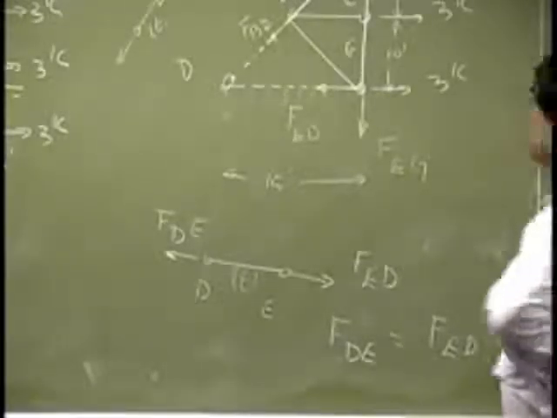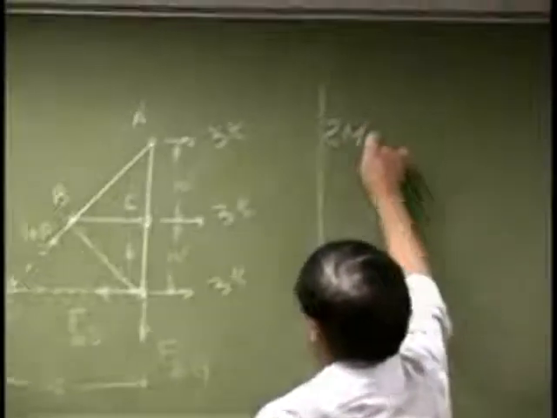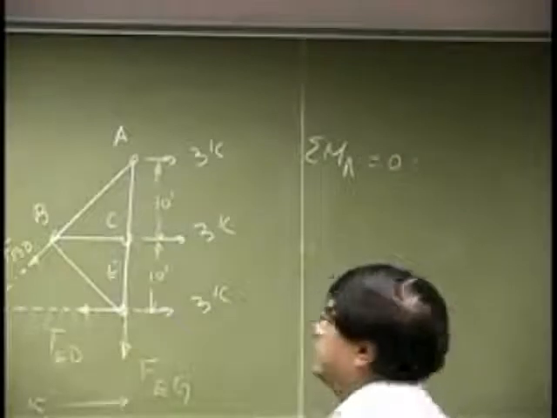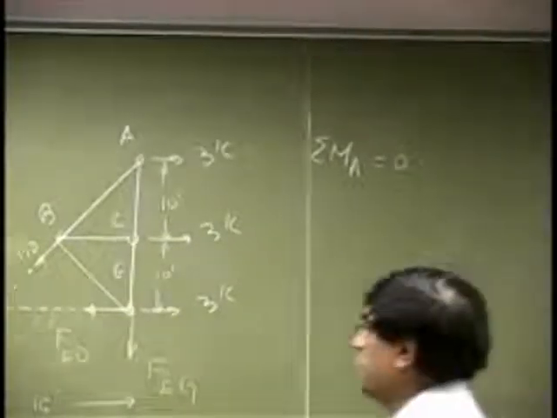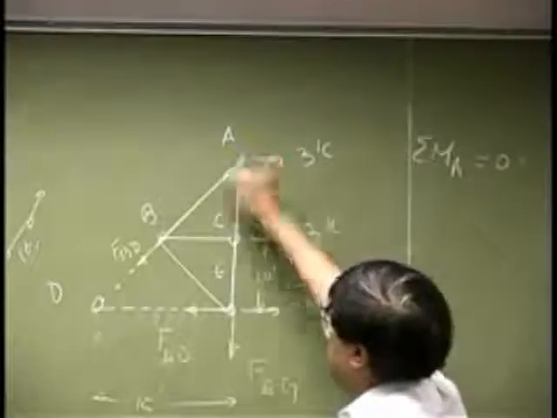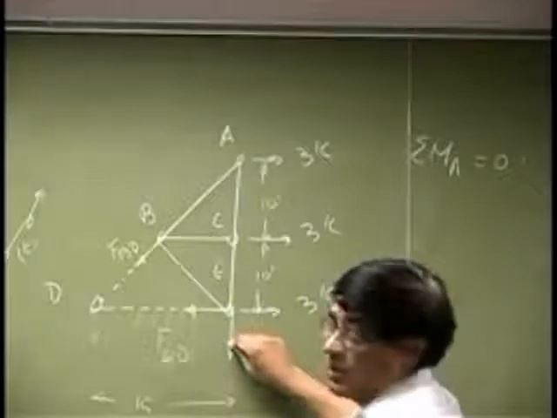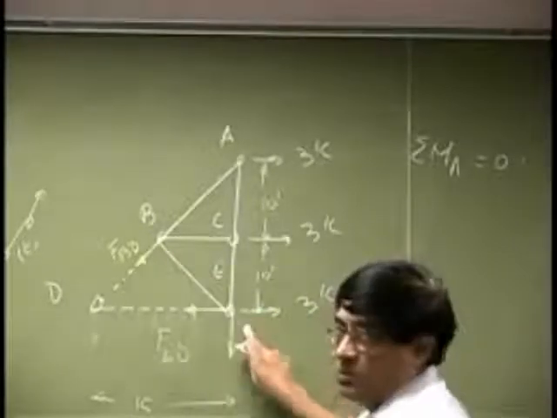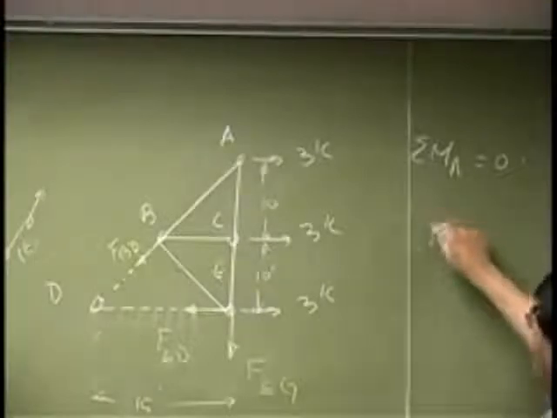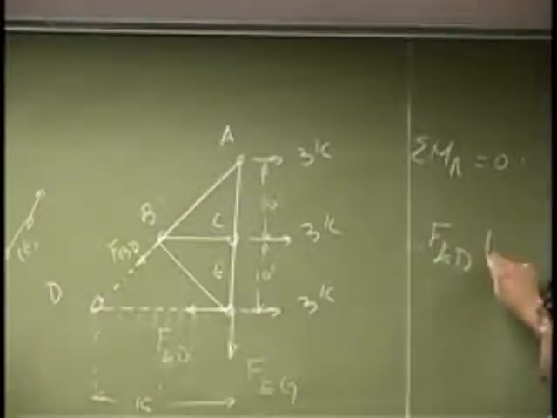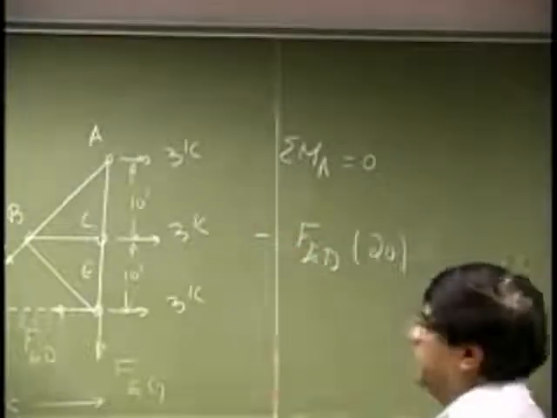Okay, so again, now if I sum the moments about point A, that should go to 0. And the reason we choose this point is this force goes through it, this force goes through it, so these two will give 0 moment. The FBD will be 0, so you get FED times 20, that's clockwise, so you place a negative.